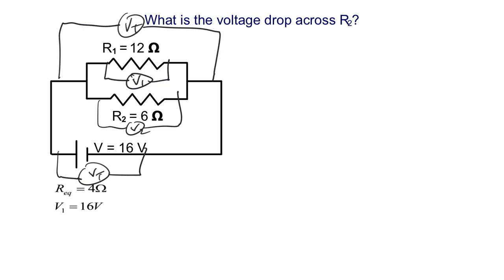But what would a voltmeter here read? That would read 0, because there's no difference in the energy of the electrons on either terminal of that voltmeter. There's no potential difference. You can try that in lab.